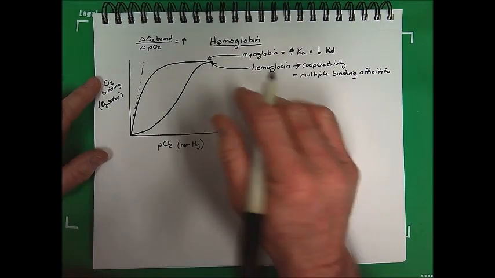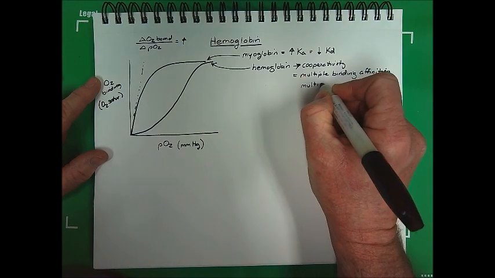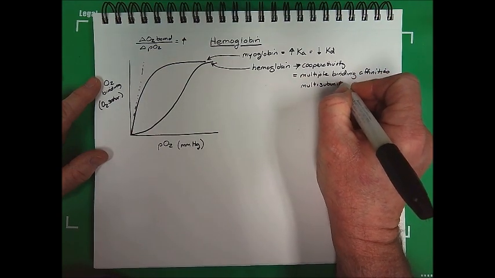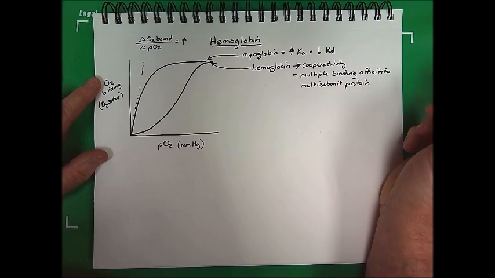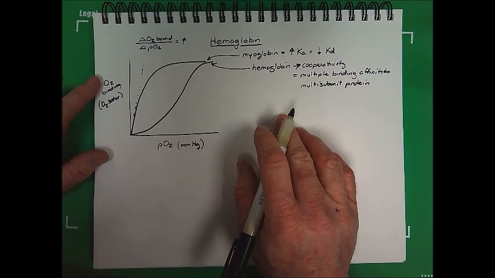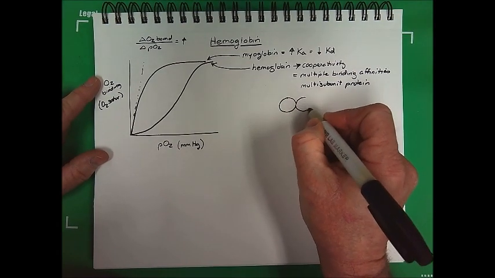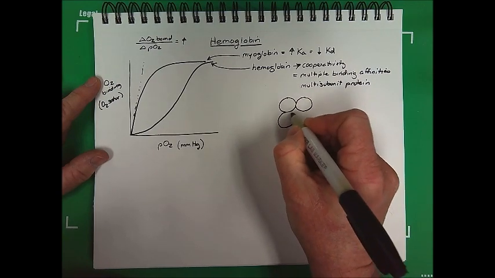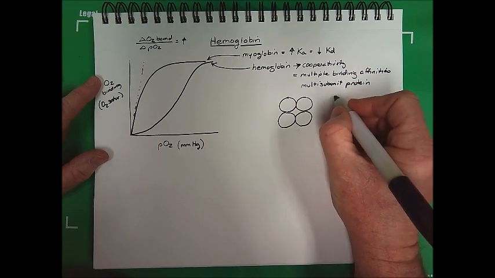What this means is that we have a multi-subunit structure. Myoglobin, of course, recall, is a single polypeptide. Hemoglobin now consists of 4 individual polypeptides that are bound together.